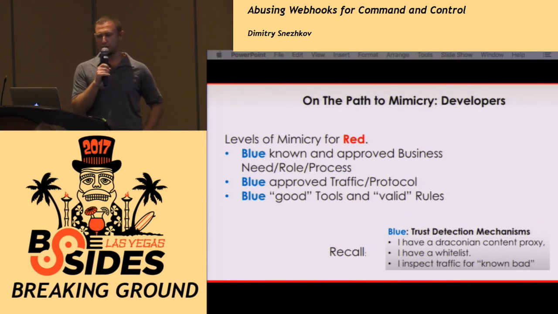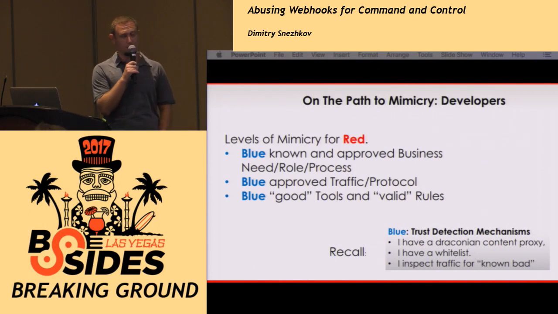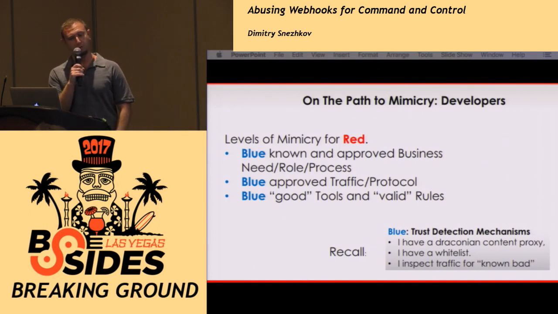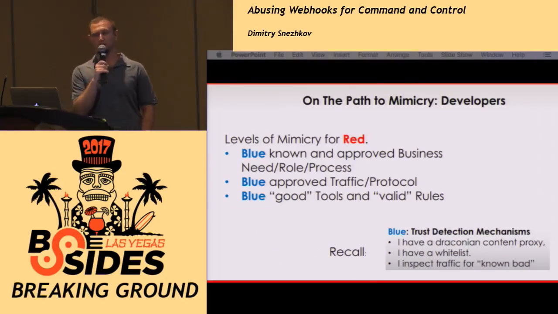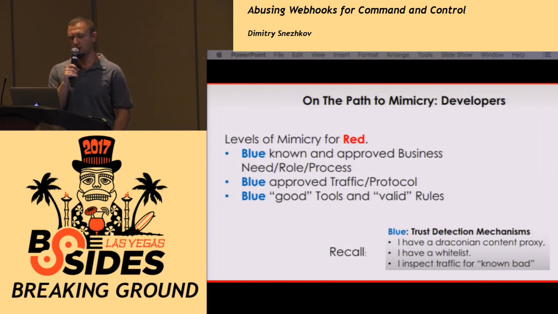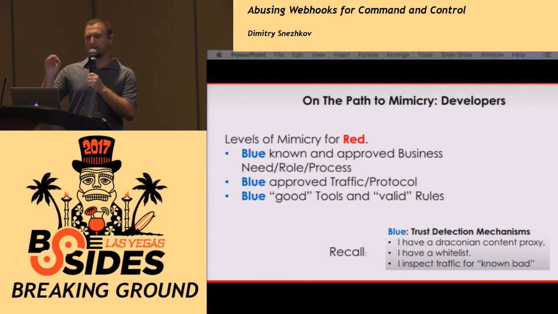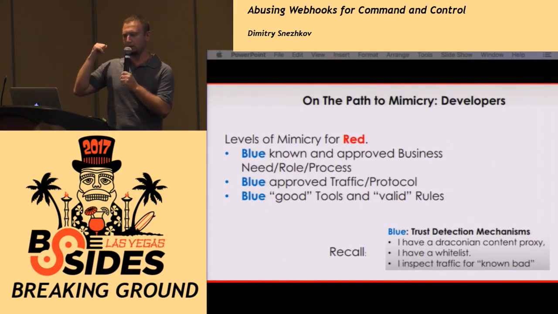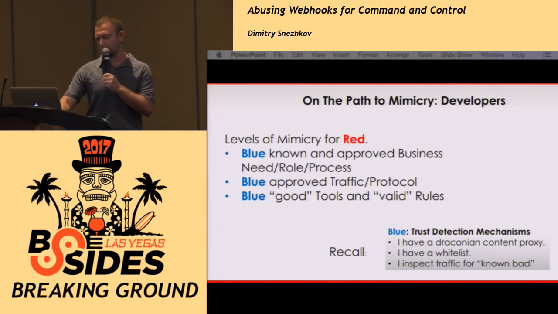So for the red, you need to be an approved business need. You can be approved traffic or protocol, and you need to use good tools and valid rules, depending on what the company considers to be good. Now, the static map of the world that the blue has built is based on whitelisting, on content proxy rules, and on the known bad that they see.